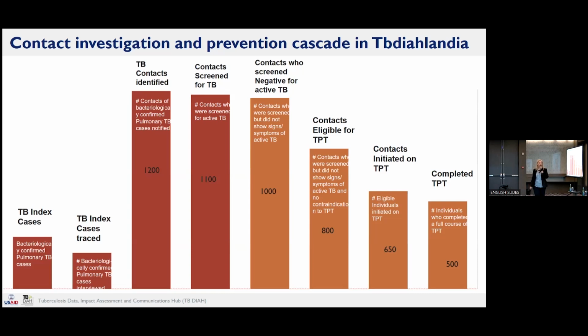So we had 200 confirmed cases and 1,200 contacts. It could be 5-to-1, 3-to-1, 10-to-1, depending on the country, depending on the household, how many people live together, or how many close contacts they have.